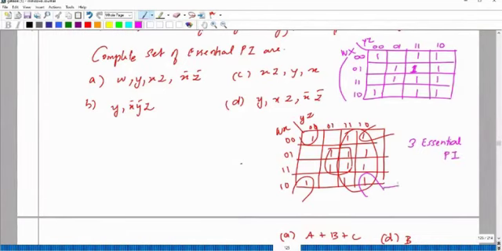If I group just these 4 ones, I will get X bar Z, right? And if I group these 8 ones, I will get Y. Okay. Then if I group these 4 ones, I'll get X Z. So answer is B.